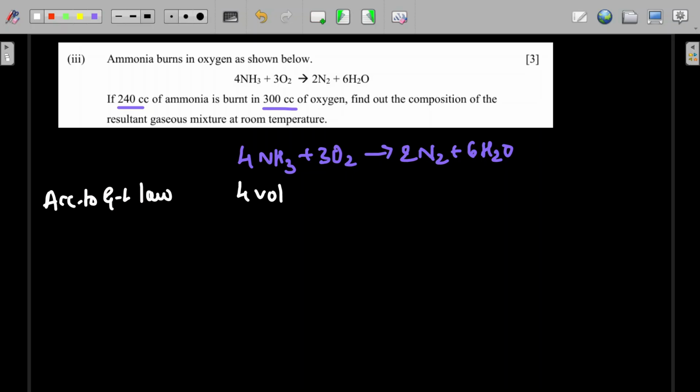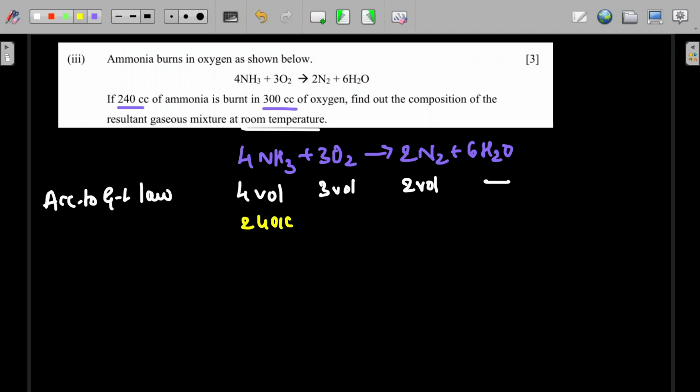4 volume, 3 volume, nitrogen is also a gas, right? 2 volume, and what they have asked here is room temperature, meaning don't consider water. Now what they have given, 240 cc.